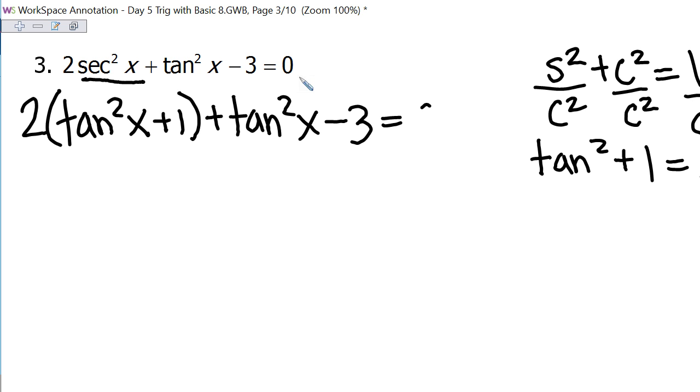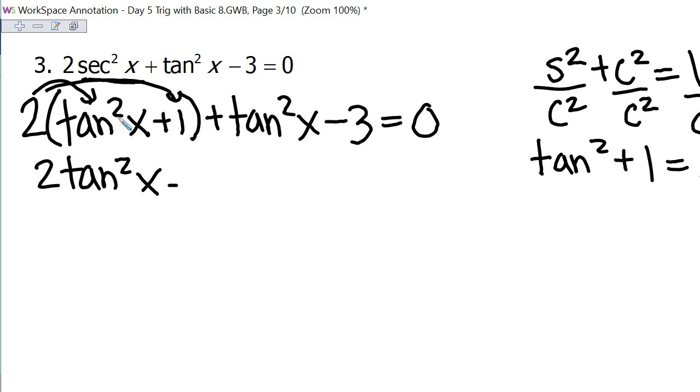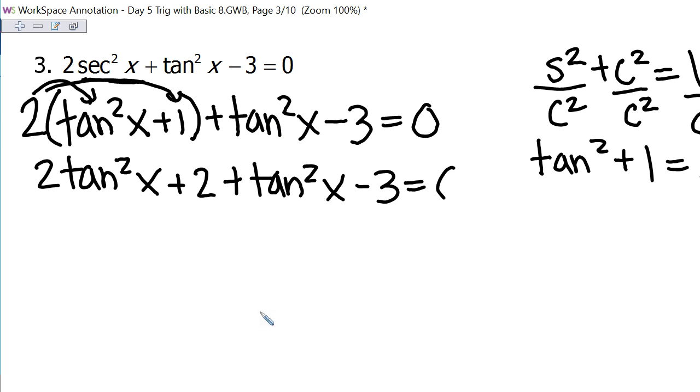So secant squared of x, we replaced it with an identity. Tangent squared of x plus 1. Now distribute our 2. So 2 times tangent squared of x would be 2 tangent squared of x. 2 times 1 is 2. Plus tangent squared of x minus 3 equals 0.